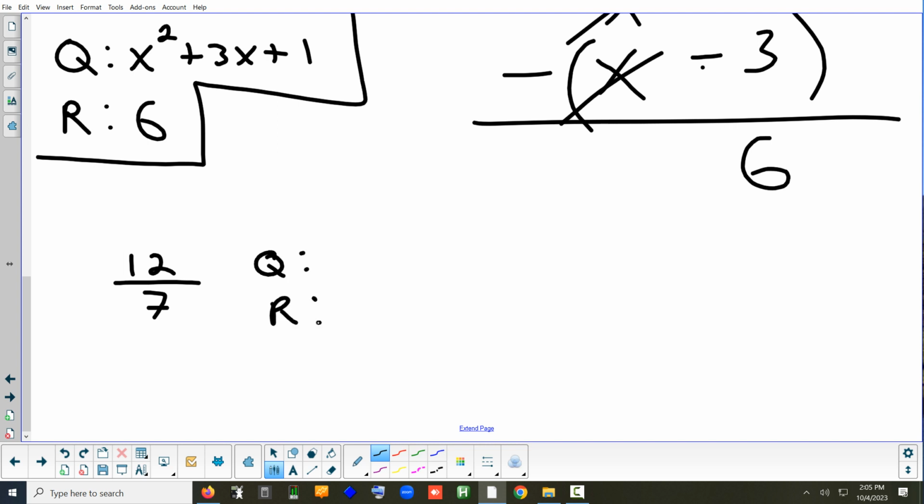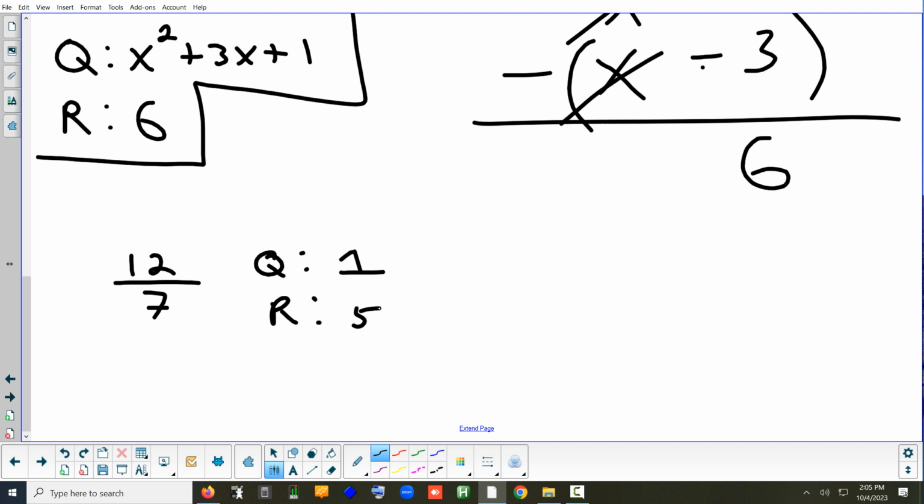What's the quotient when you divide 12 by 7? 1. Right? It goes in one time. And what's the remainder? 5. So when you divide 12 by 7, the quotient is 1, and the remainder is 5.